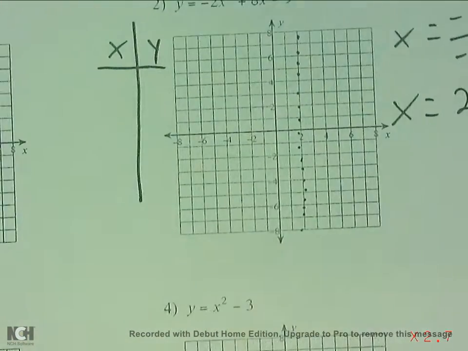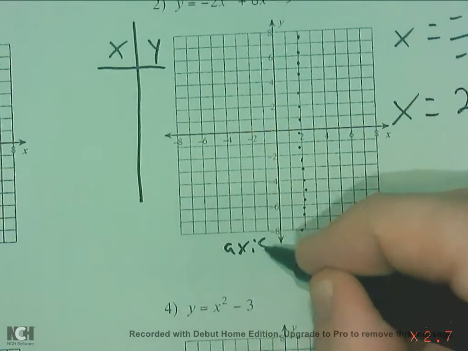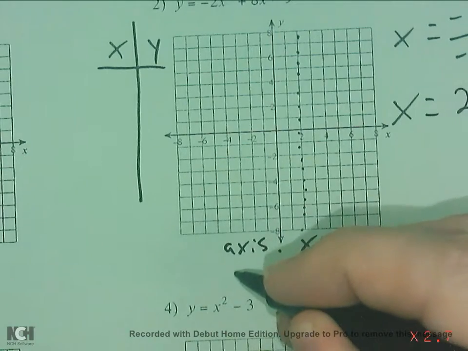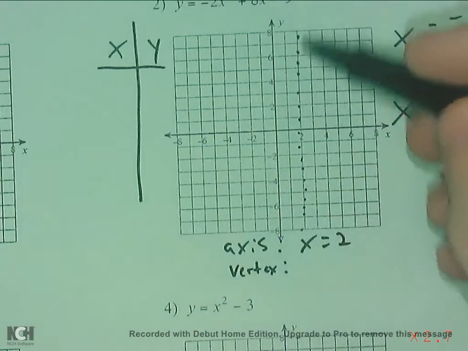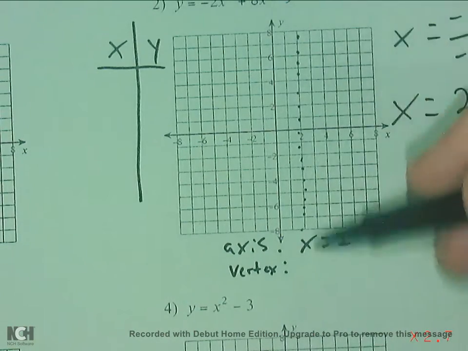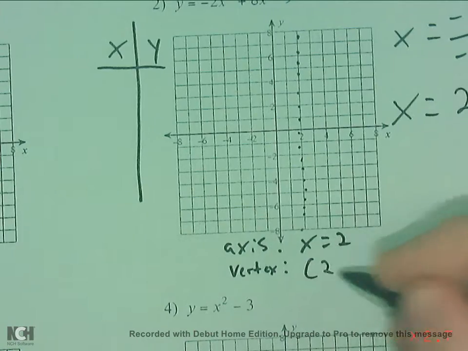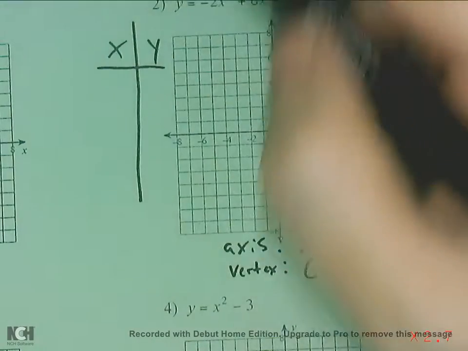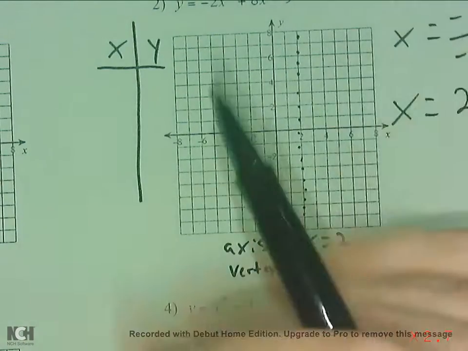So let me write down my two answers here. The axis is x is equal to 2. The vertex, if I know that the vertex is going to be on this line of symmetry, then I know the x-coordinate has to be 2. So I know this much of my vertex. It's the point where your parabola comes to a point. It's your min or max, depending on if your parabola opens up or opens down.